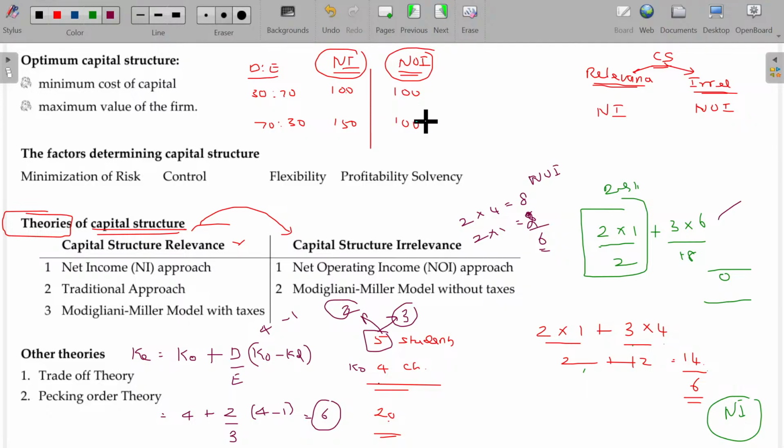Then Modigliani Miller came. I will now vote for this. Modigliani Miller says, sir, NOI is the correct one, not NI. That's how he started. If I am giving you 2 choices: will the capital structure have any impact over the company's value or not?